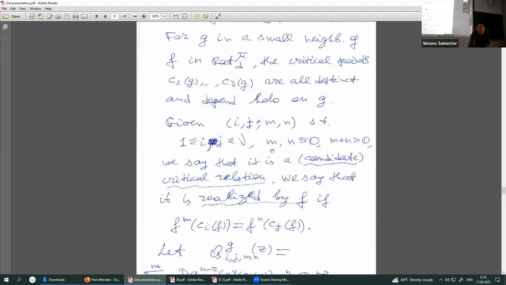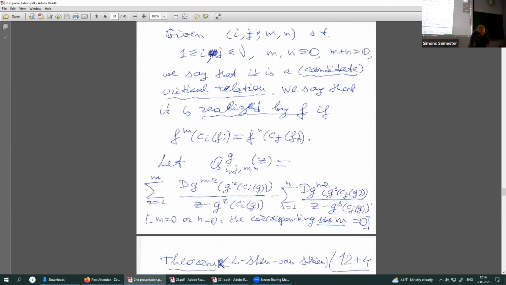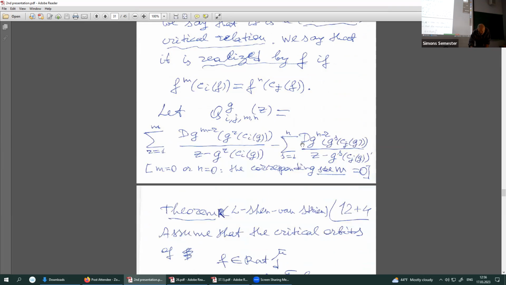And then for each such realized critical relation, we associate this quadratic differential, which appeared already, where it is assumed that if M or N is 0, then the corresponding path is 0, so it disappears. Formally it doesn't exist, but by convention it is just 0.